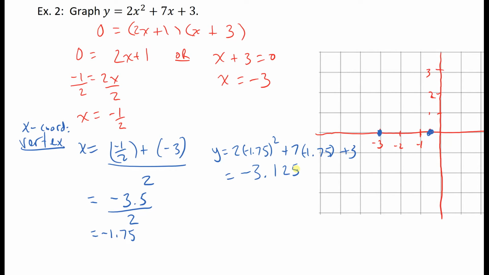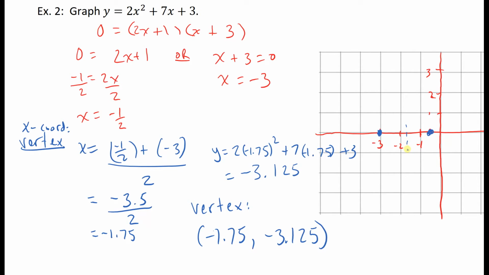Okay, so our x-coordinate of our vertex, let's just write our vertex here. Negative 1.75, negative 3.125. Now remember, logically, the vertex is halfway between, so that makes sense.